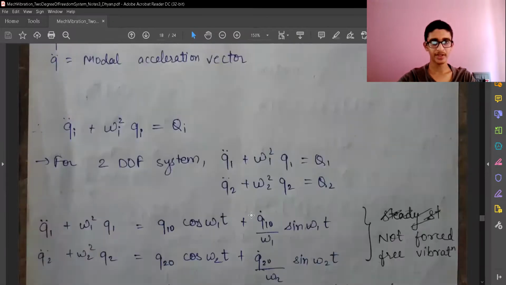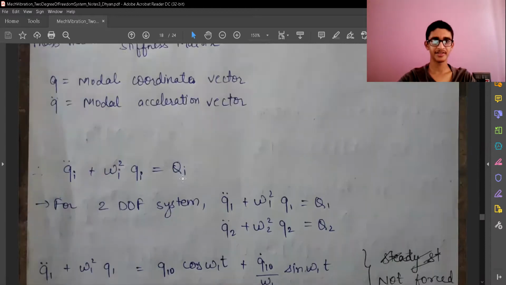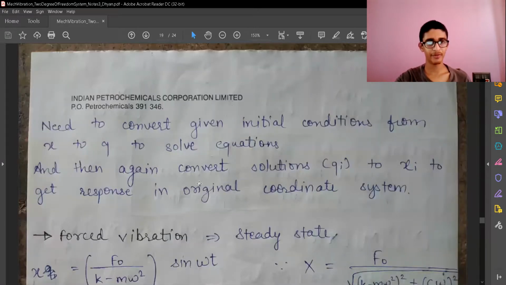We transform the given velocity and displacement from x to q, use those to get the response, and after getting the complete response, we convert back into x using X transpose, or X inverse, from new to old. When converting from old to new, we use X; when converting from new to old, we use X transpose. That is very simple to understand.